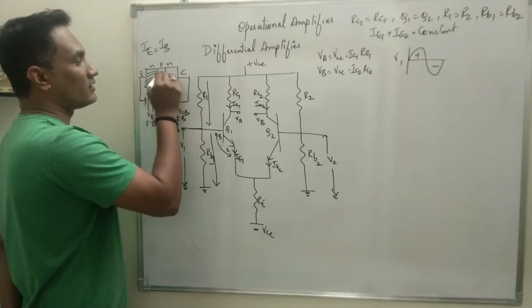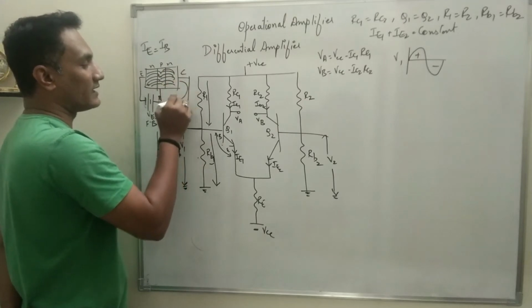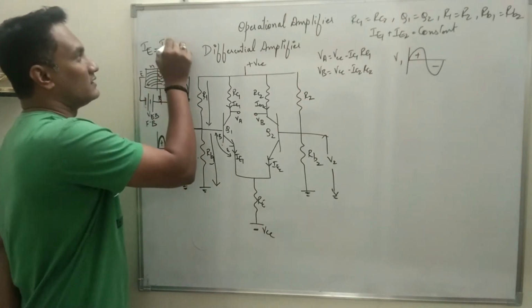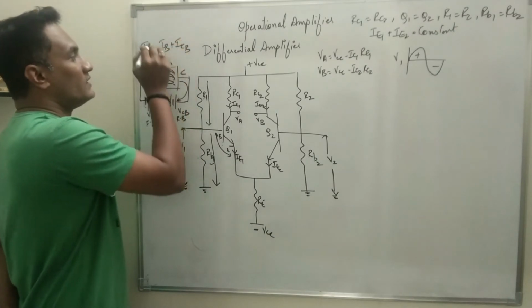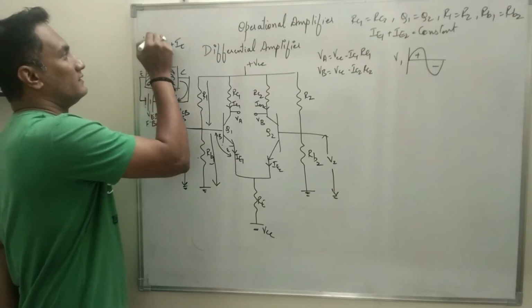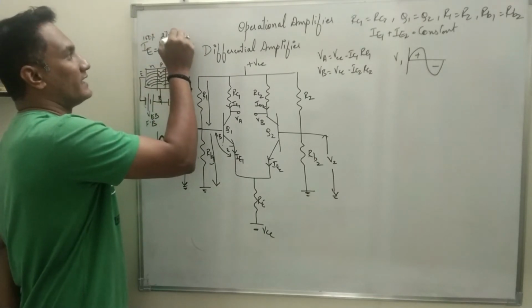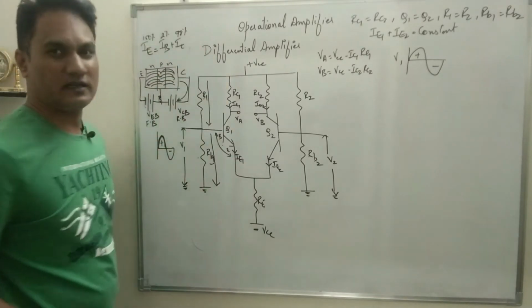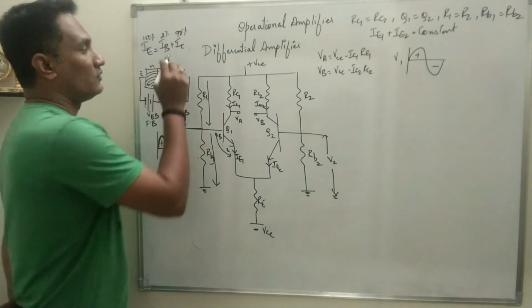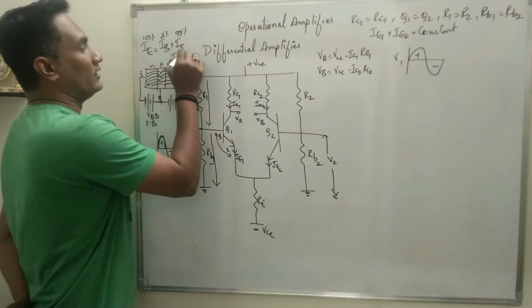All the remaining electrons will enter the collector and get attracted by the positive terminal of VCB, which will constitute collector current IC. So out of 100%, only 2% goes into base and 98% goes into collector. This we have repeatedly understood. Okay, so we say IE is equal to IC.